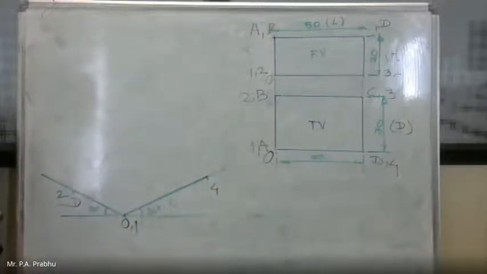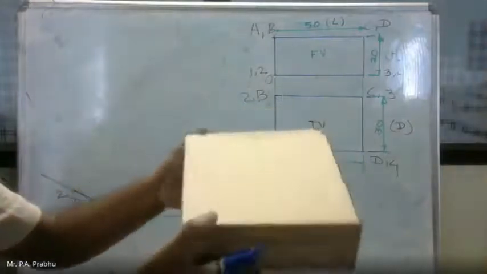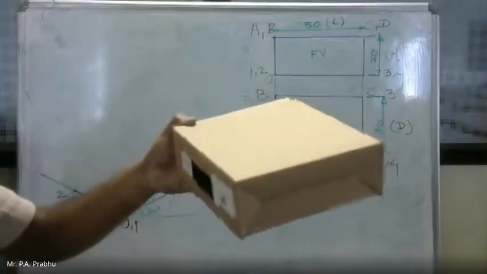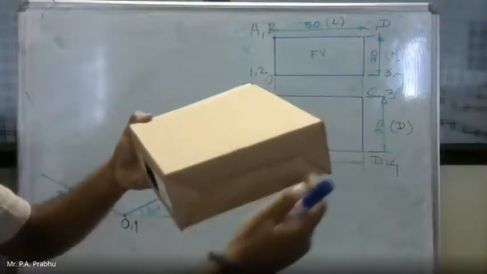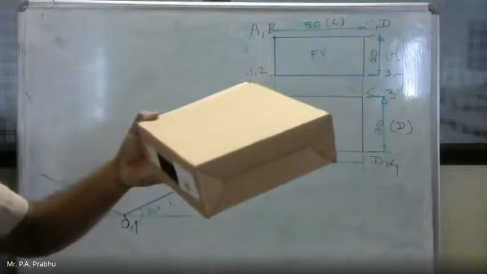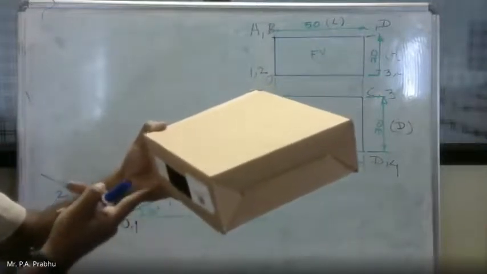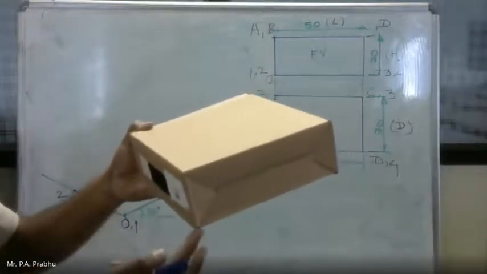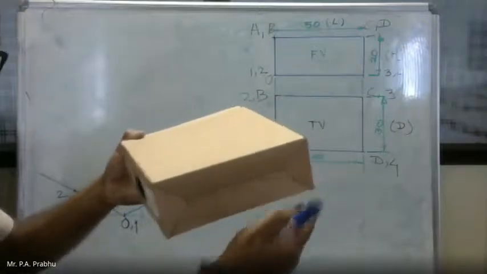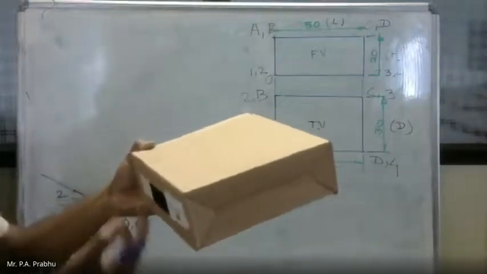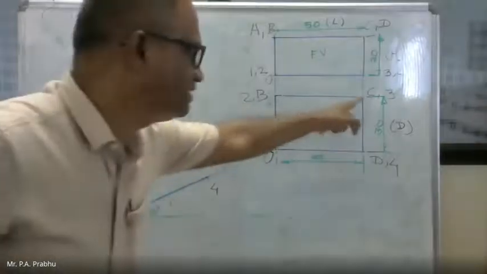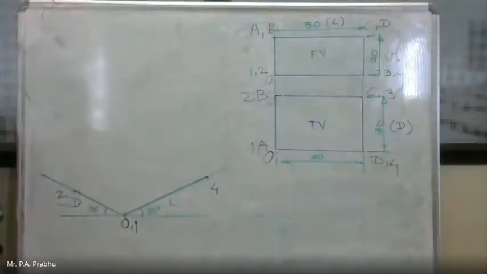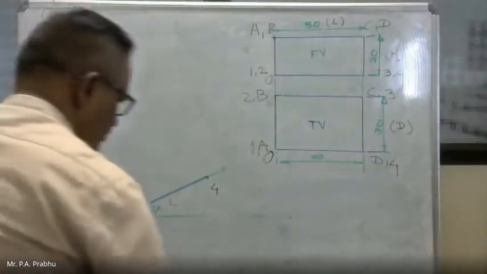Okay, I am completing this. Your object is kept like this. First, I have marked this length on my right side and the depth on my left side. So I have completed point 1, point 4, and point 2. Then I have to mark point 3.